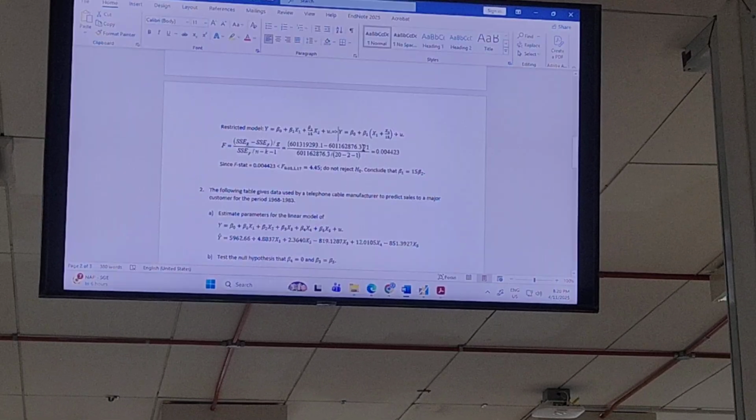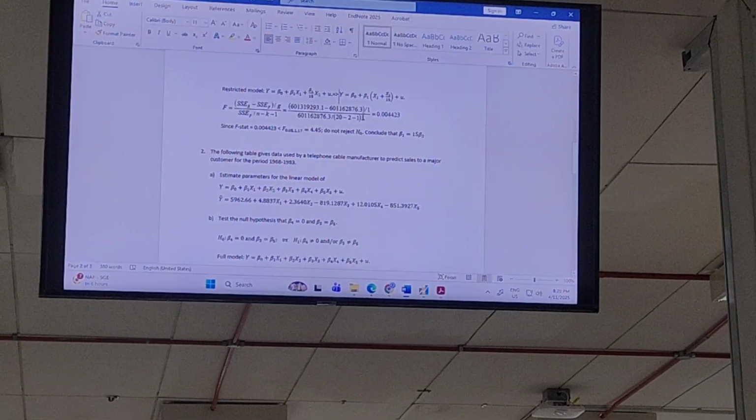So if you do this, then you have to compare with the F table. F has 2 degrees of freedom, and the degrees of freedom are always from the formula: G and N minus K minus 1. So 1 and 17.